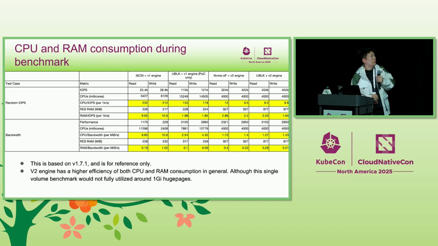Here we provide 1 GB huge page, but this single volume benchmark cannot fully utilize that 1 GB huge page. Then in this chart, the RAM consumption per megabyte looks a little bit higher, but I think it's acceptable.